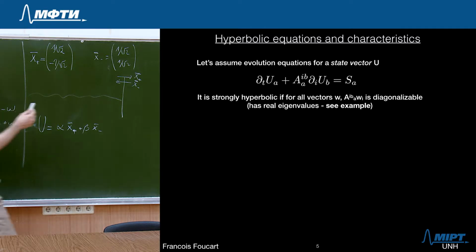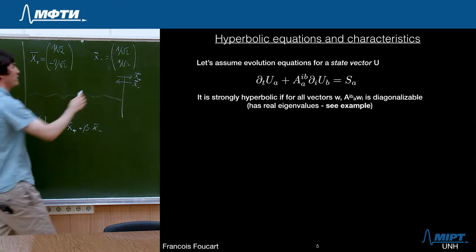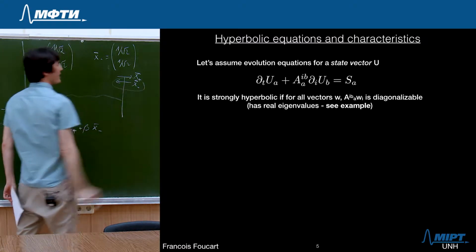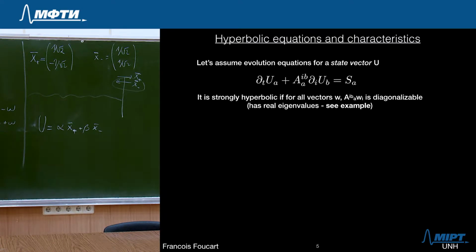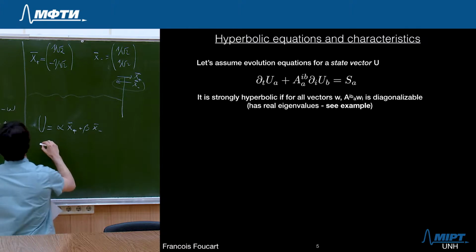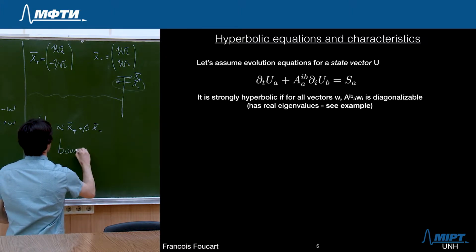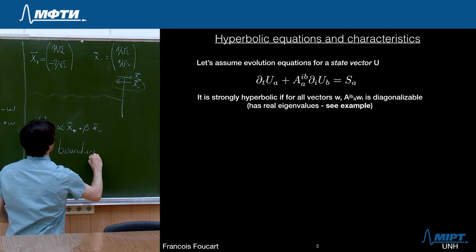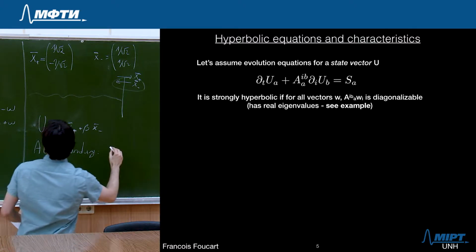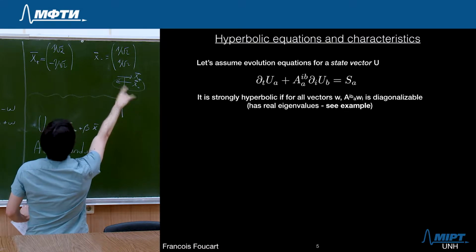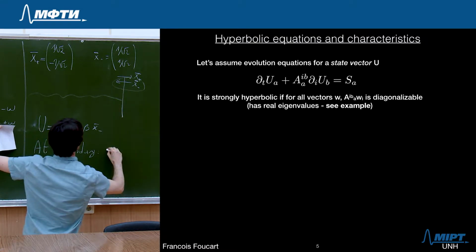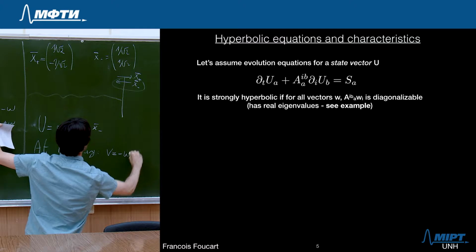Well, what I know, if I want to avoid sending waves into my system, all I need to do at this boundary is to set x minus to 0. And that means that only x plus is non-zero. That means that at the boundary I want x plus to be non-zero, so I want v equal minus w.